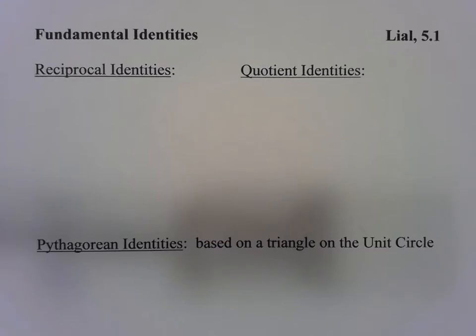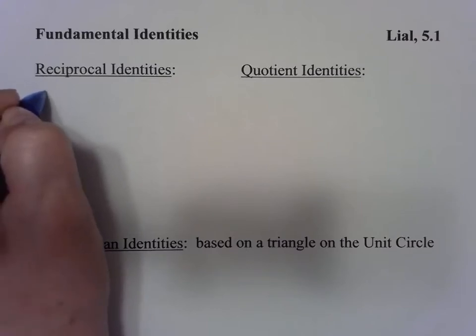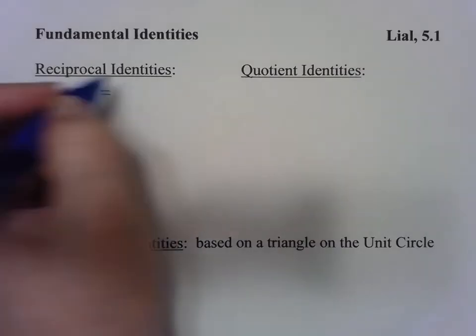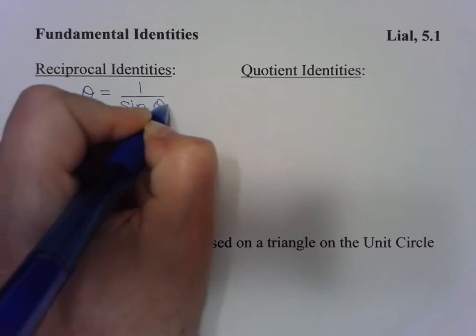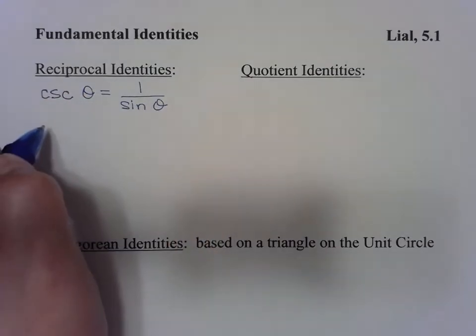Some of these we've been talking about since the beginning of the semester, so they will not look new to you, but I'm just going to go ahead and jot them down anyway. So the first one that we have is the reciprocal identities. The cosecant of theta is 1 over sine of theta, or I guess we could have used x, but I went ahead with theta today.